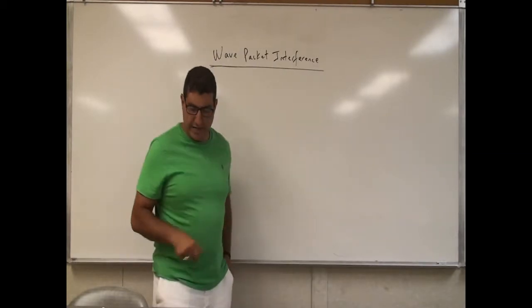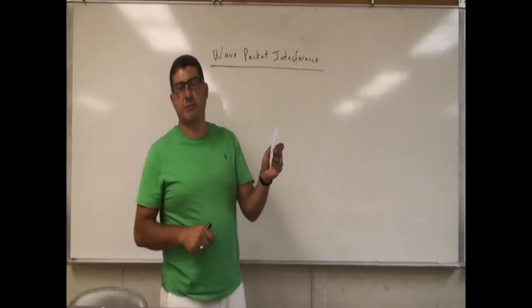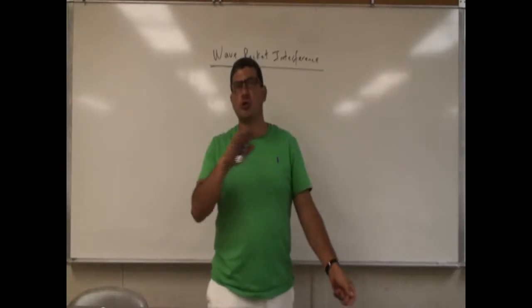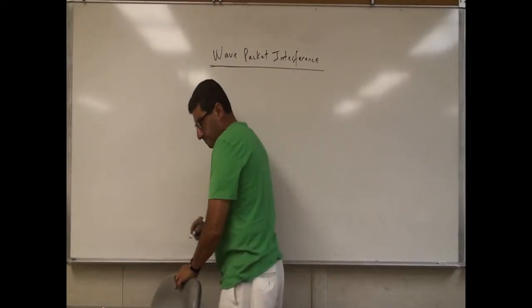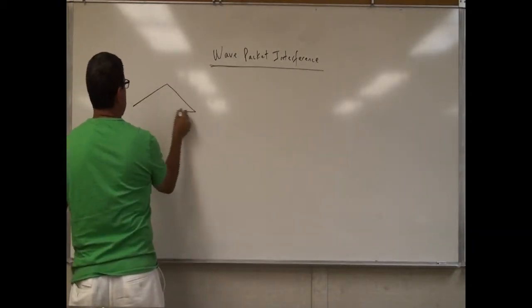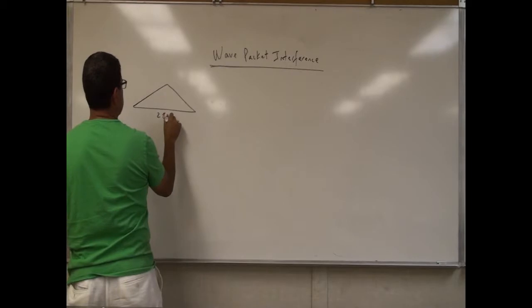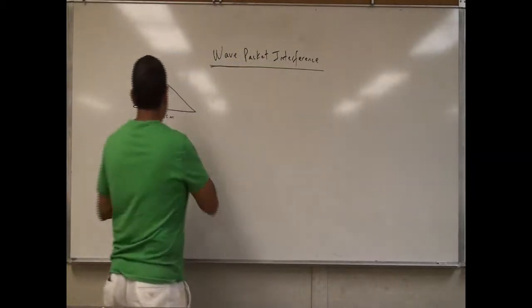So in my case, I have a triangle that I made from a piece of paper, and I made all the triangles the same length. I made the base of the triangle 28 centimeters, and I made their height 10.5 centimeters.